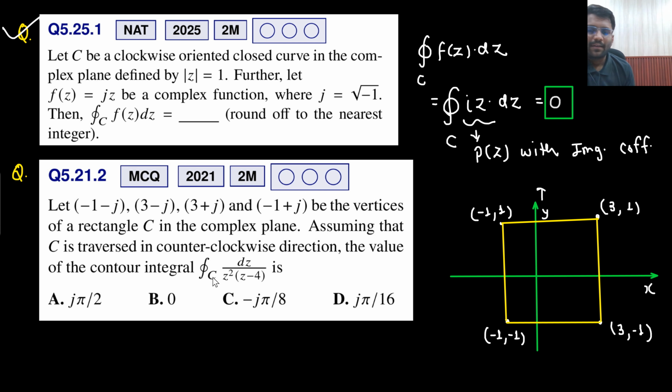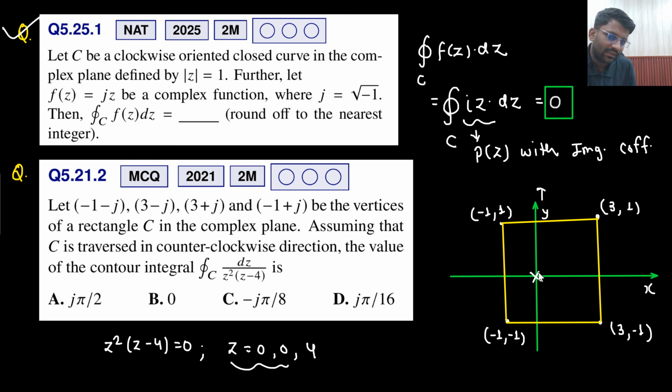Okay, so where is the problem? Sir, the problem will lie when the denominator is equal to 0. So z should be equal to 0, 0, 4. So 0, 0 will be here, right? Basically two poles are there at 0, 0.